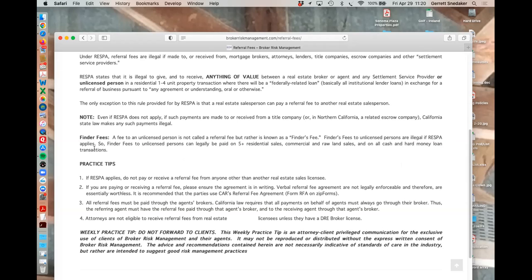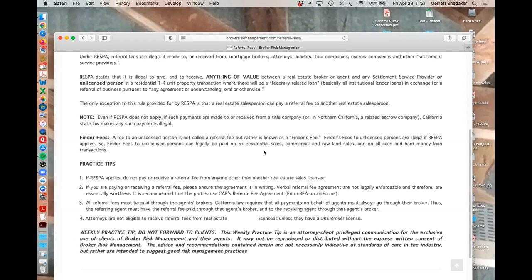Now, RESPA only applies to single family 1 to 4 properties that have a federally related loan. Most any loan on a property is a federally related loan anymore, because they're structured for Fannie Mae or they're banks that are insured by the federal government, and so forth.